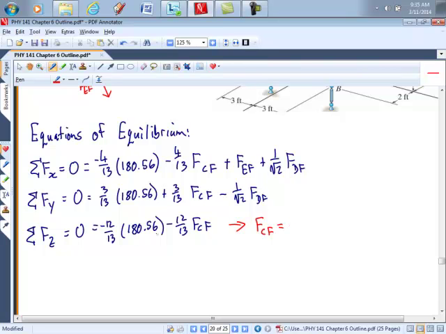Right. So it's going to be the same magnitude as the other one, 181 pounds compression. All right. Once I know that these 2 are the same, what's FDF going to be equal to?